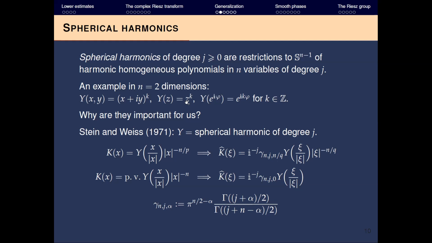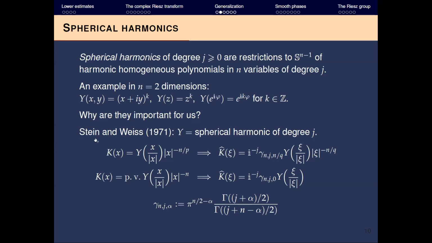It's not only harmonic, it's even holomorphic. So it's trivially harmonic too. And when you restrict it to the unit sphere, you get these guys, which are the well-known building blocks for the Fourier series expansion.